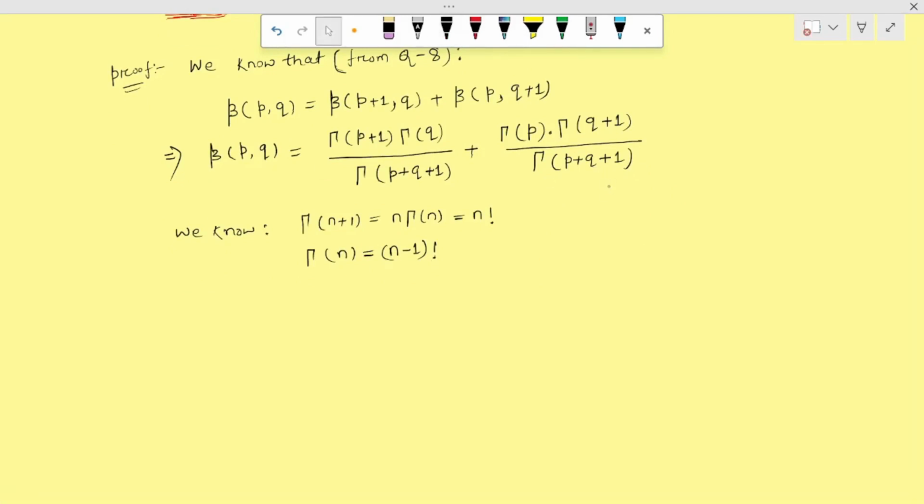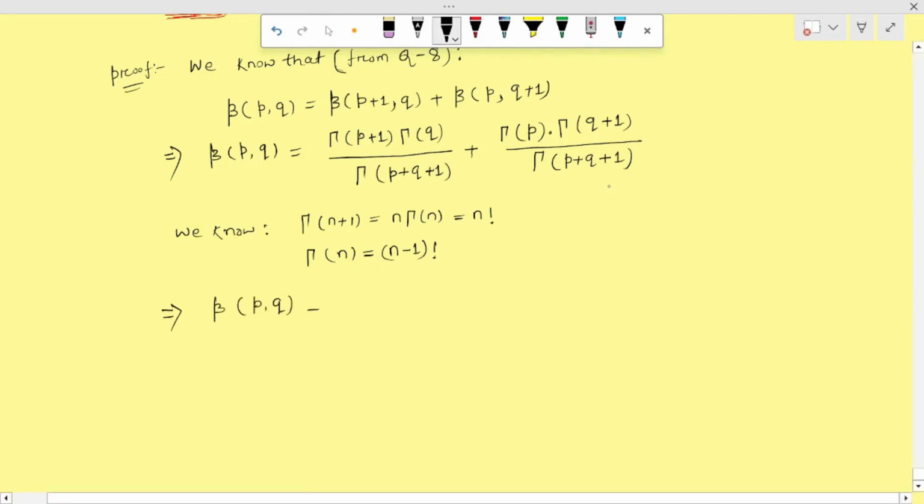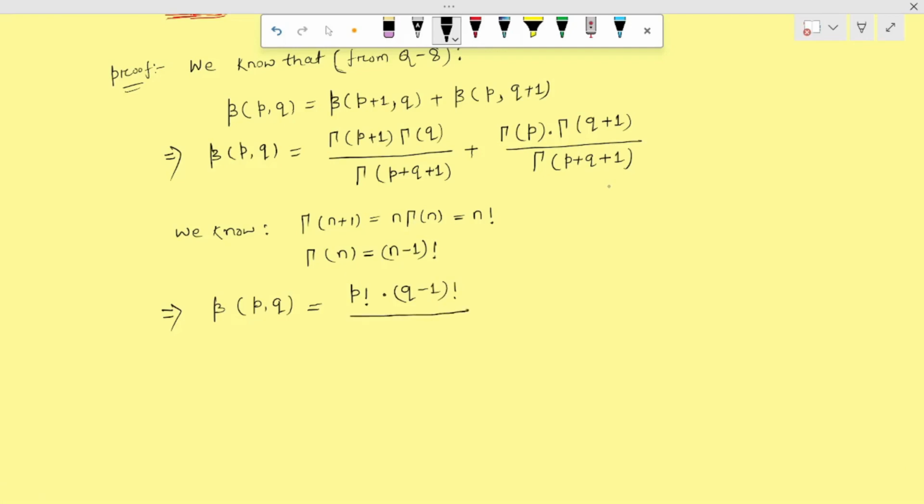That implies the above equation can be written as beta(p, q) will be equal to, here gamma(p+1) in factorial format will be written as p factorial, into gamma(q) will be (q-1) factorial, by gamma(p+q+1) which will be written as (p+q) factorial.